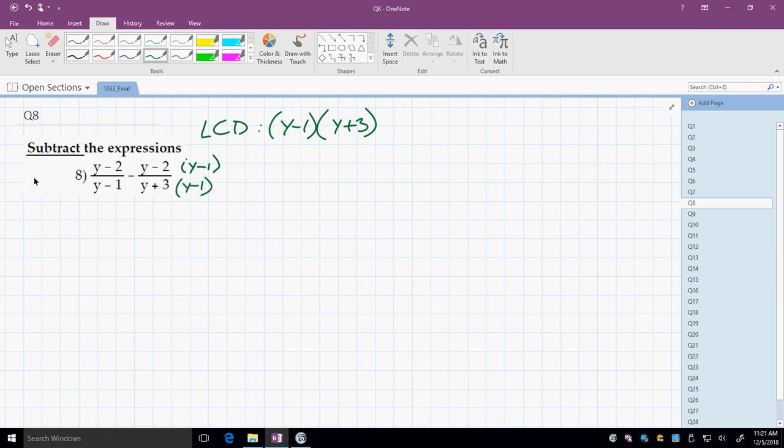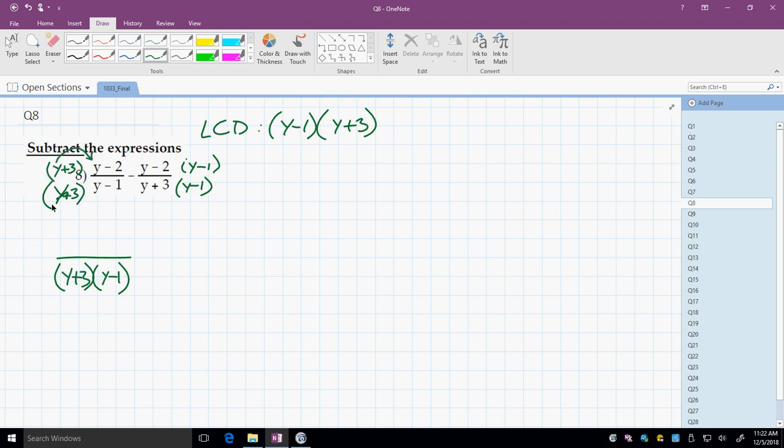And on the left side, I'm going to multiply by y plus 3, top and bottom. In the denominator, I don't have to FOIL, I just need to write my 2 parentheses. And the top, I need to FOIL them.